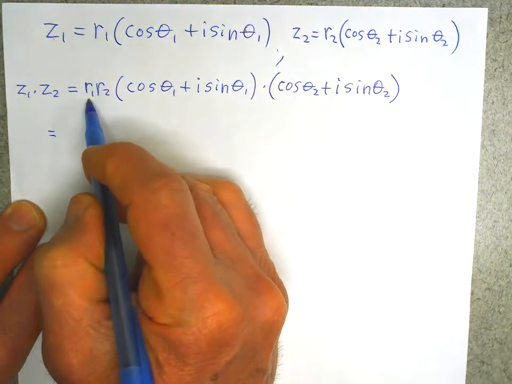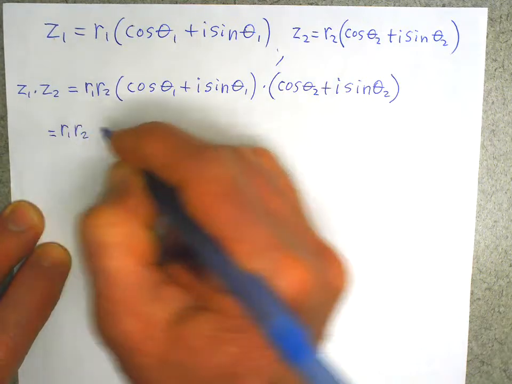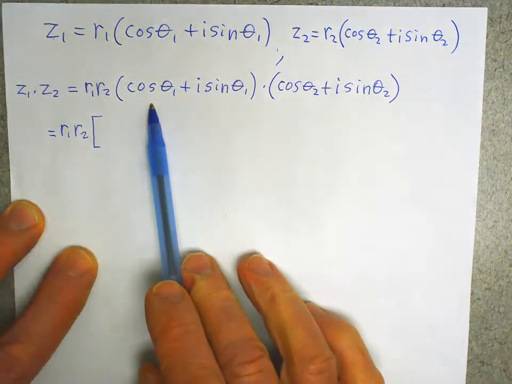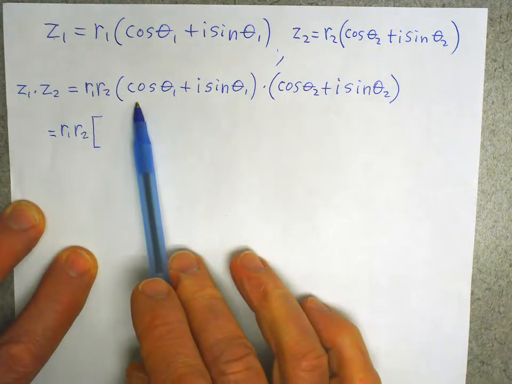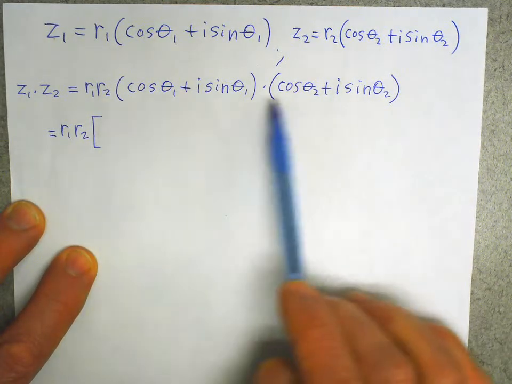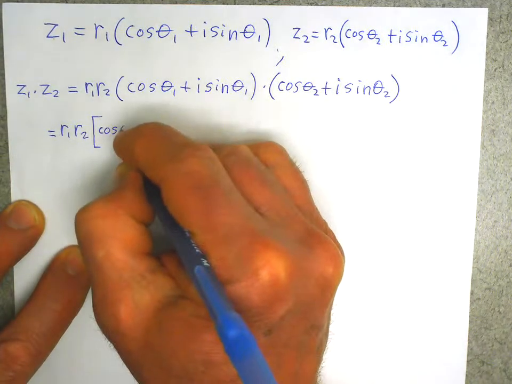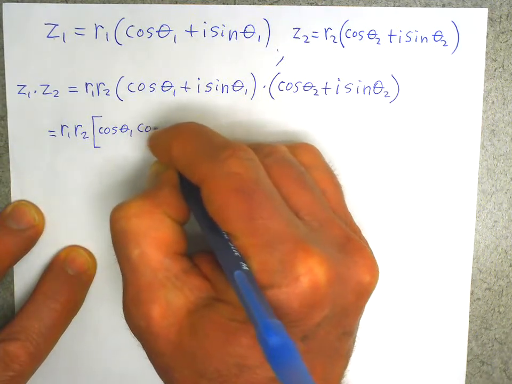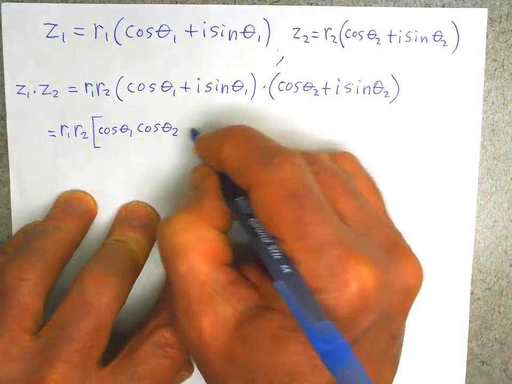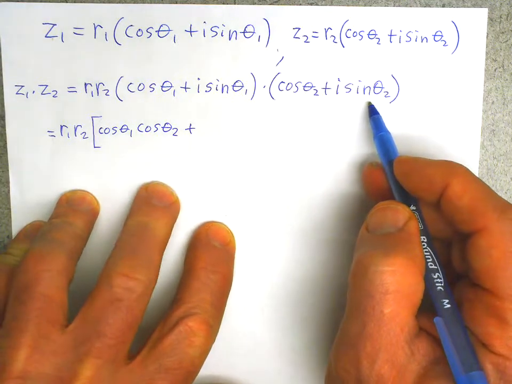So these r1 and r2 are just real numbers, r1 times r2. And then we're going to multiply this quantity times that. So cosine of theta 1 times cosine of theta 2. And then plus cosine of theta 1 times i times sine of theta 2.